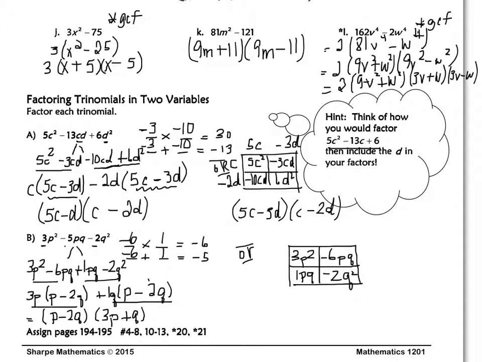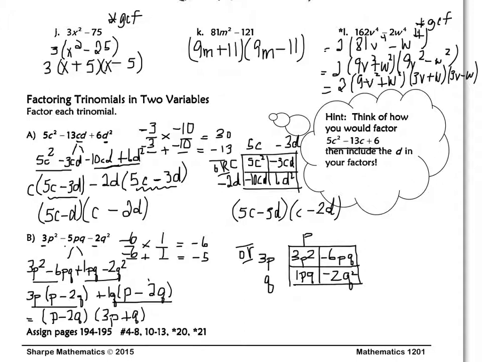And then with the box method, you look at each row and each column and take out the GCF of each. So for the first row, the 3p squared and the minus 6pq, there is a common factor of 3 and p. And in the second row, q is the only thing that's common to both. In the first column, 3p squared and 1pq, there is a p and nothing else in common.